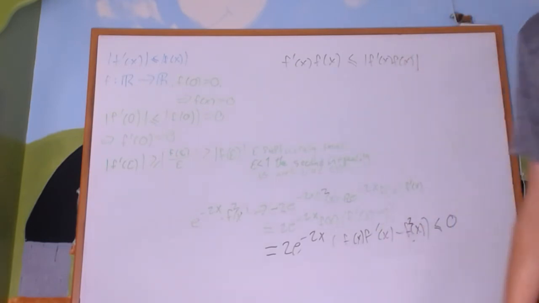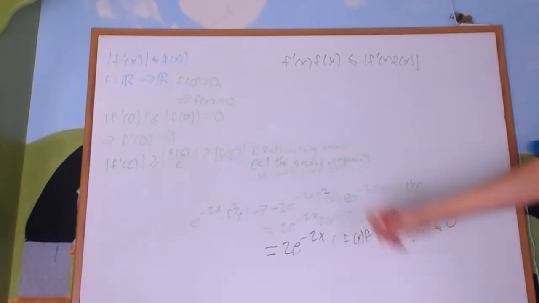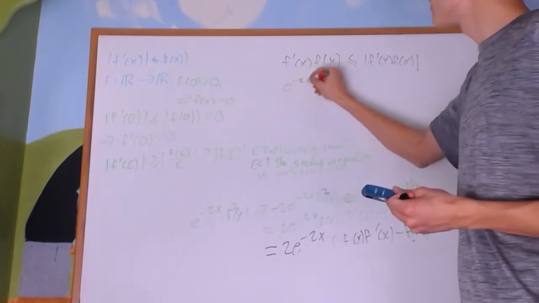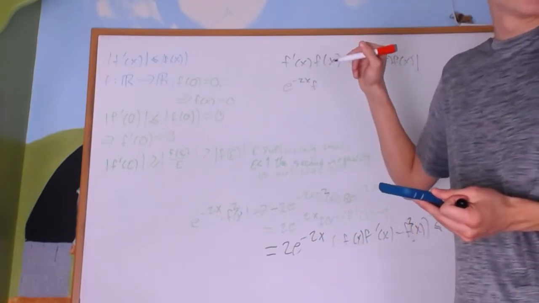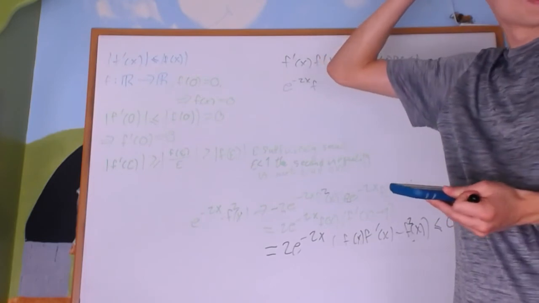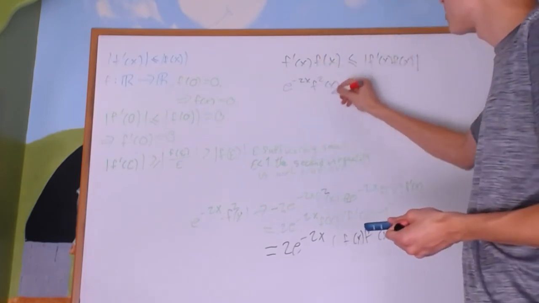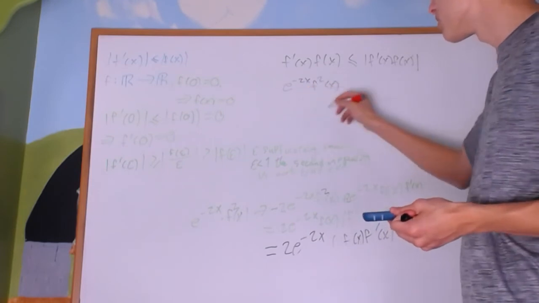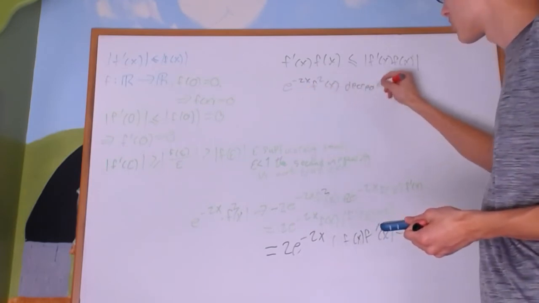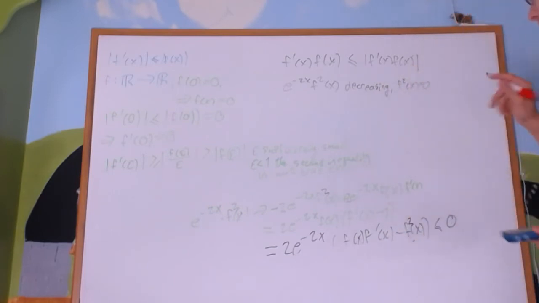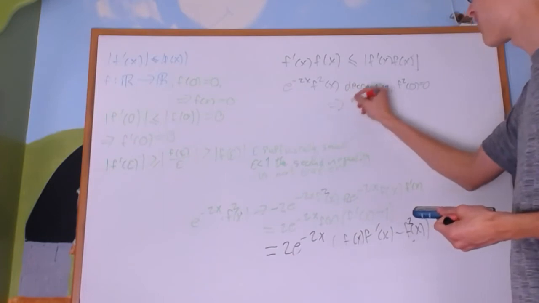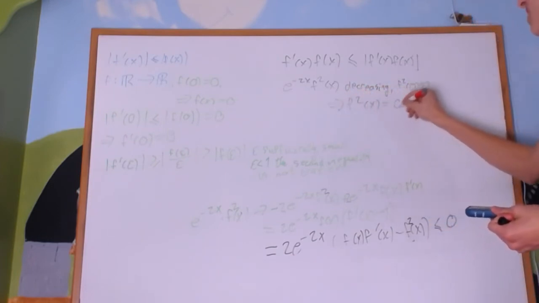And the second thing I don't understand is the step where e to the negative 2x times f squared of x being decreasing and having f squared of 0 equals 0. I don't understand how that implies f squared of x is 0 for all x.